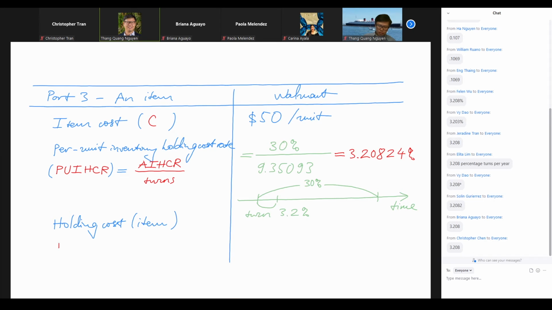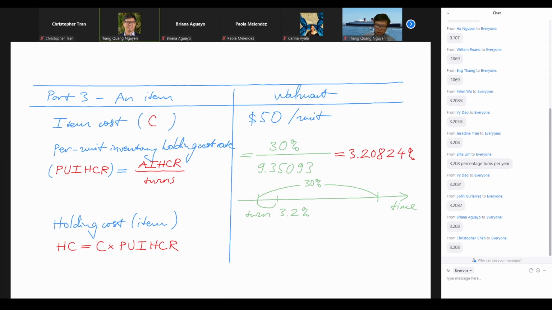The holding cost of the item equals the cost of the item multiplied with the per unit inventory holding cost rate, right? I believe it is easy for everybody. So let me work on this with you.